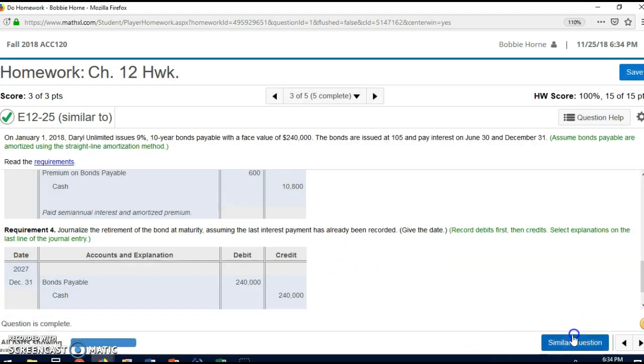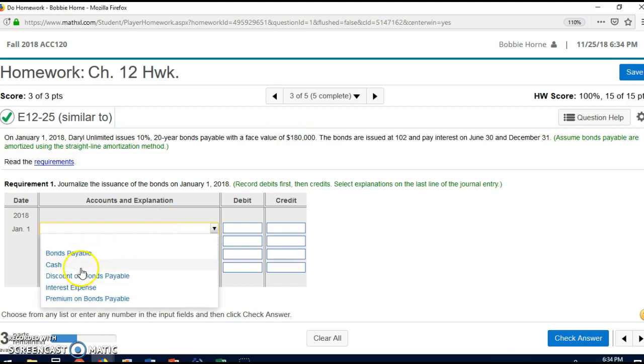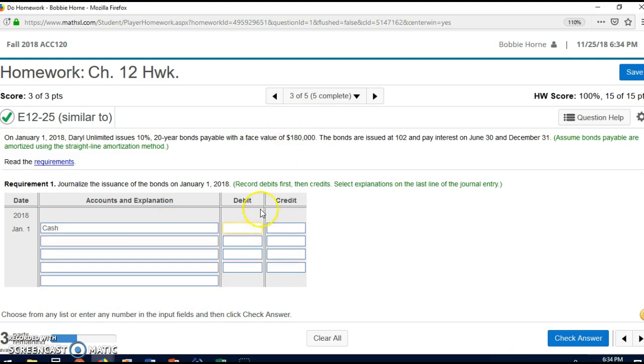Now, for the next question, this is similar, but this time we're going to issue the bond at 102%. So we're issuing the bond at a higher amount, which means we're going to get more cash. We're receiving a premium. So you do the face value of 180,000 times 1.02, and you will get 183,600.